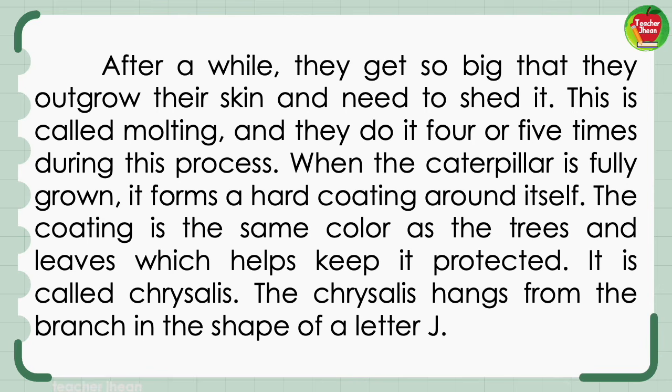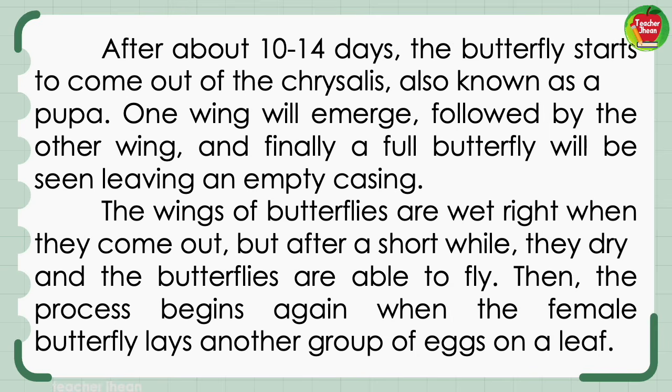When the caterpillar is fully grown, it forms a hard coating around itself. The coating is the same color as the trees and leaves, which helps keep it protected. It is called chrysalis. The chrysalis hangs from the branch in the shape of a letter J. After 10 to 14 days, the butterfly starts to come out of the chrysalis, also known as the pupa.